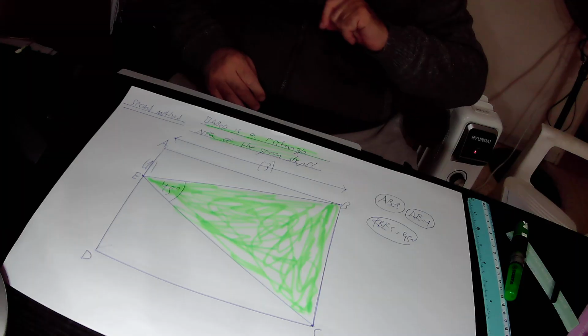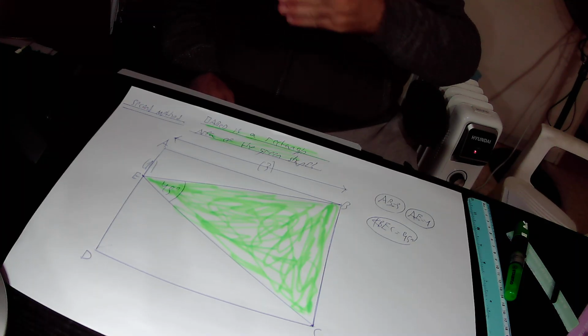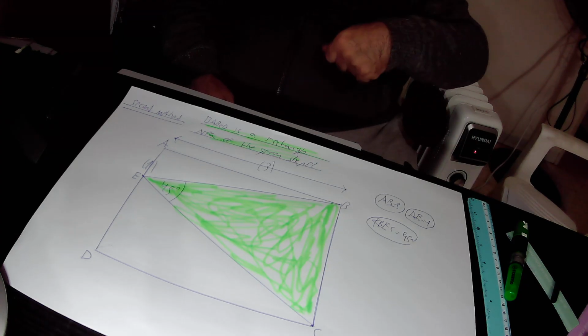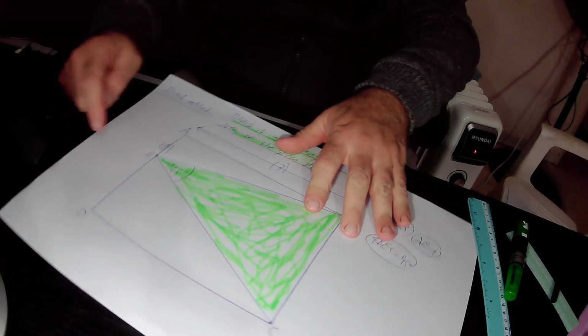So, first of all, quadrilateral ABCD is a rectangle, and you know that all the angles inside the rectangle are right angles. So, those four angles are all right angles.